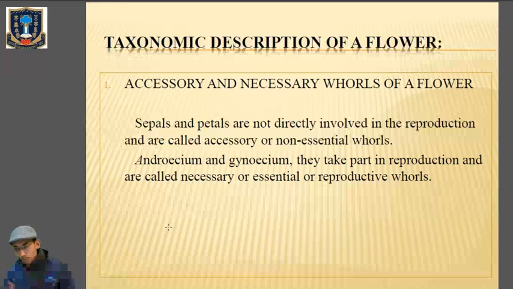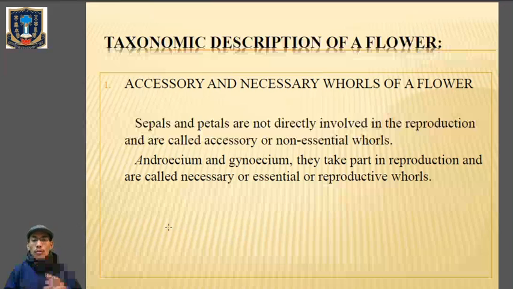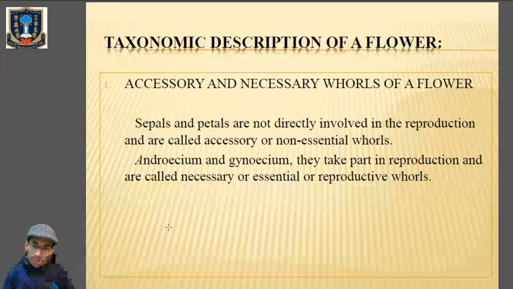Now we learned that there are four whorls of a flower, that is calyx, corolla, androecium, and gynoecium. But out of the four whorls, only two of them are involved directly in the process of reproduction, whereas the other two will simply help in reproduction.